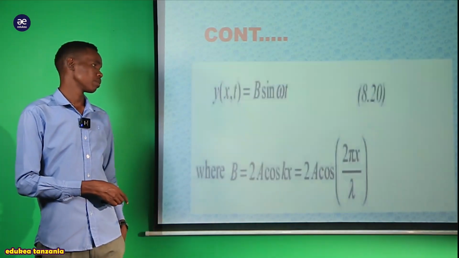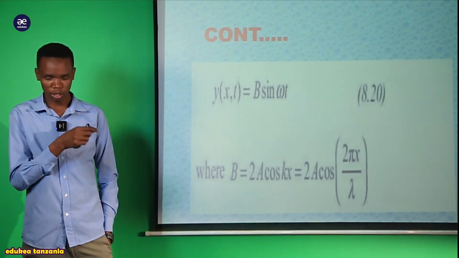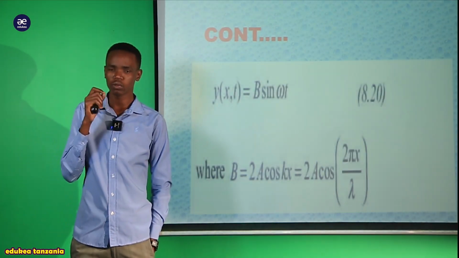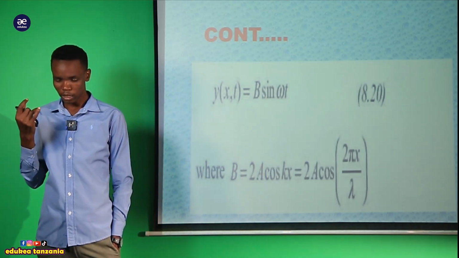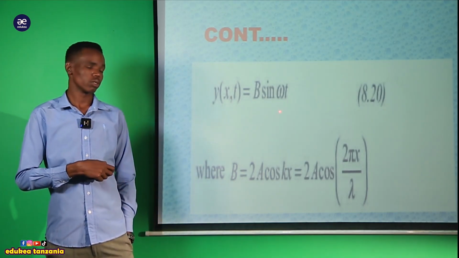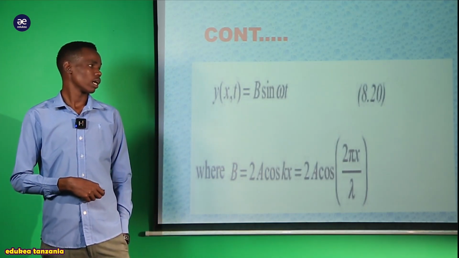When we express this in our formula, in the end we get the displacement along the coordinate point x, t equal to b sin wt.